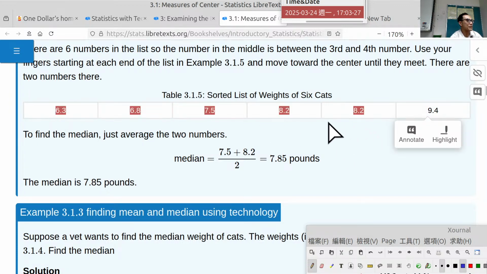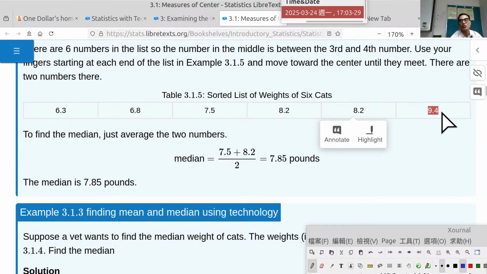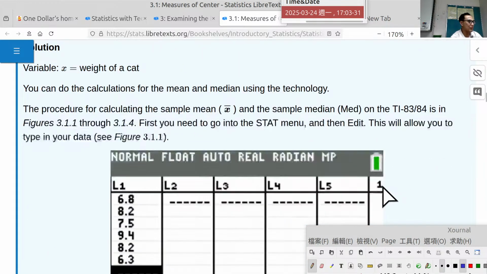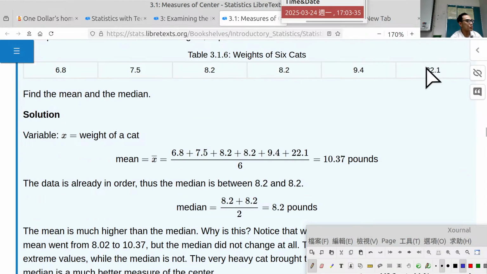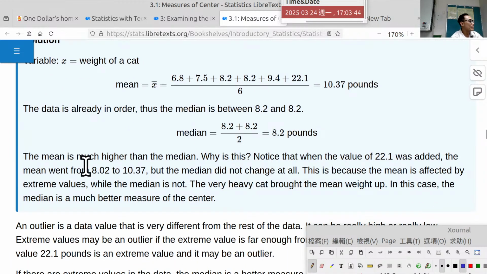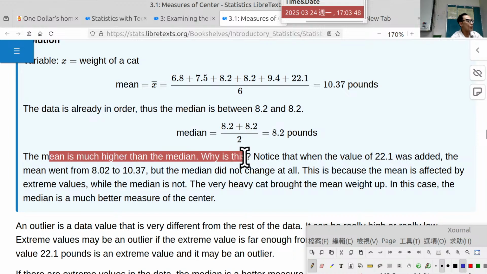The other numbers are the same, and this change affects the whole average. The average increased, and the median increased a little bit, but the mean is much higher than the median. Why is this?